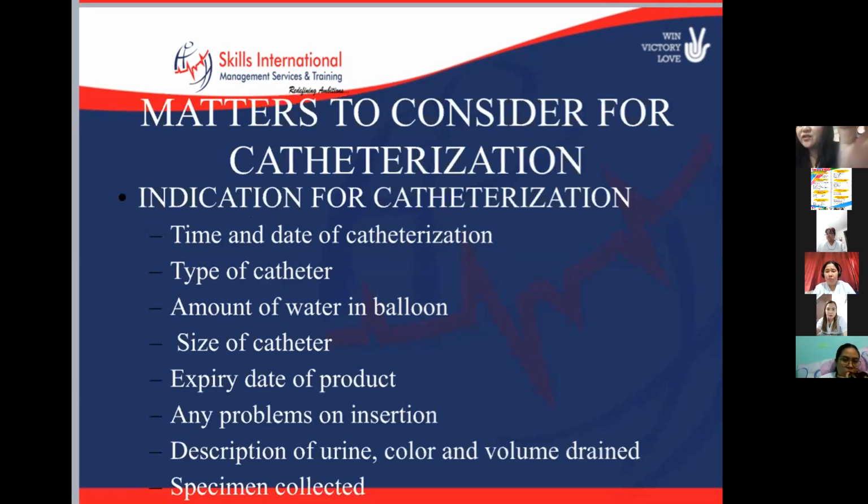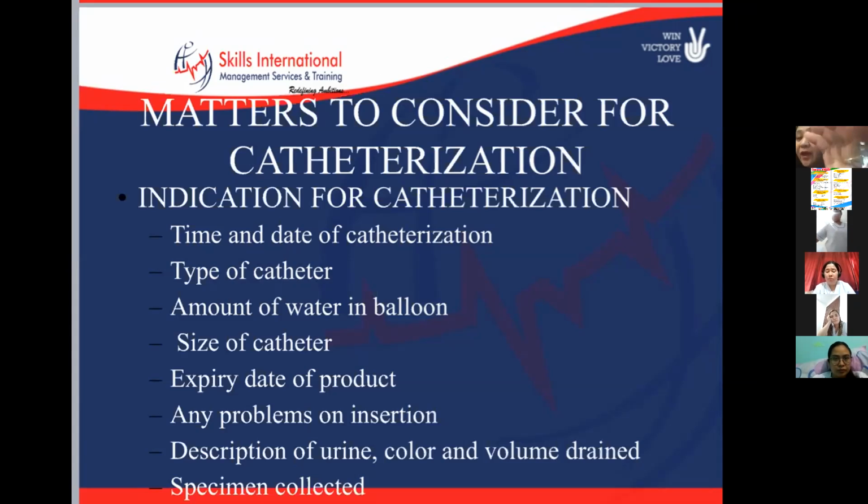Isn't it that I showed you in the last slide that there are different types of catheters, and then the amount of water in the balloon, because when you put the catheter in, you have to introduce water to the balloon, so that the balloon will inflate and it will not come out. And what size of catheter you have used, and there's also the expiry date of the product. And if there's any problem in insertion, you also have to take down notes for that.